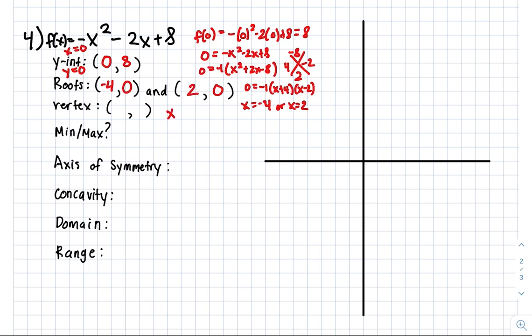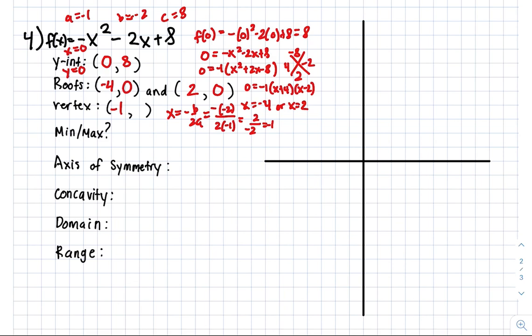Okay, vertex. Remember your vertex is negative b over 2a. So let's label: a is negative 1, b is negative 2, and c is 8. So negative of negative 2, right? 2 times negative 1. So negative times negative 2 is 2, and 2 times negative 1 is negative 2. So our x value is negative 1.